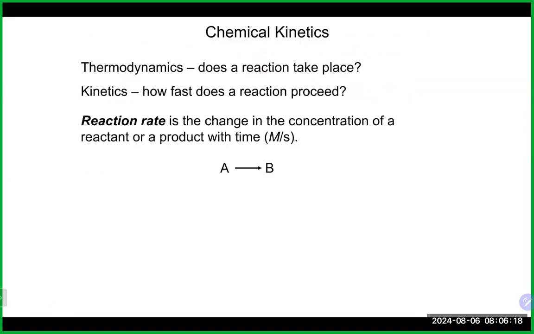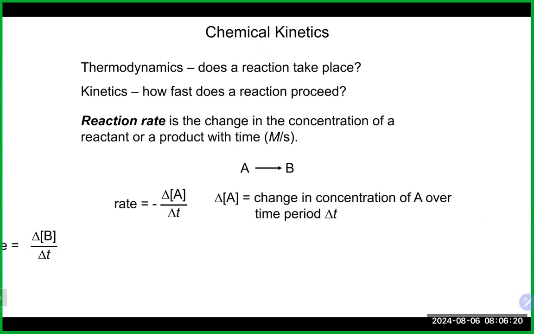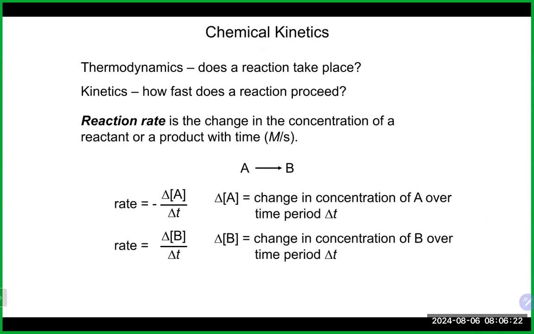So one way that we oftentimes look at kinetics and rates of reactions is reaction rates. And when we talk about a reaction rate, oftentimes we're looking at the change in the concentration over time. So very commonly we'll see units of molarity over seconds.